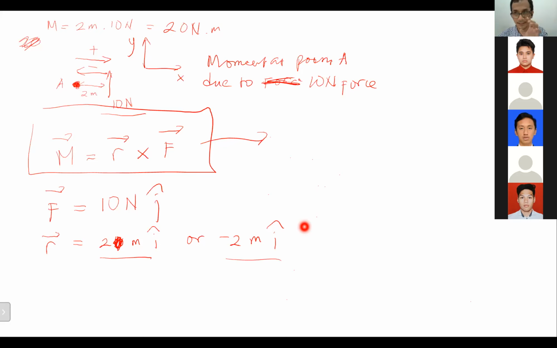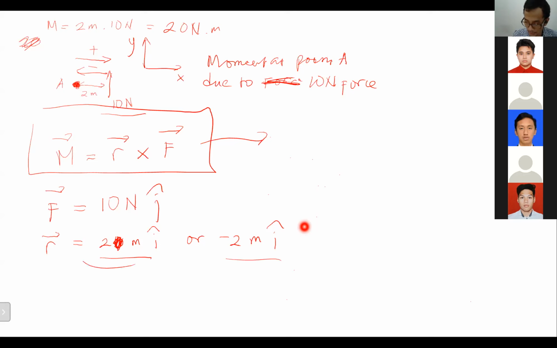Let's return back. Listen to me again. It's from the center of rotation to the force. So that's the vector, from the center of rotation to the force. So it's supposed to be 2 meters i or minus 2 meters i. 2 meters i, yes, correct.